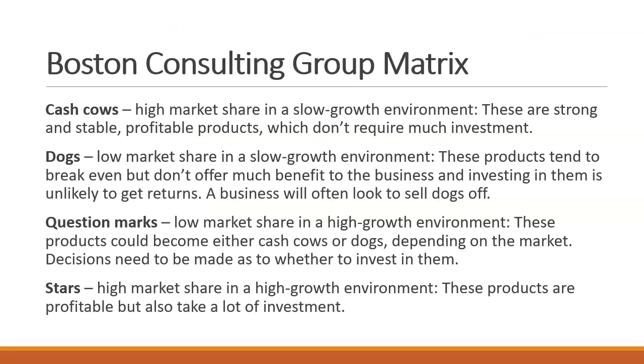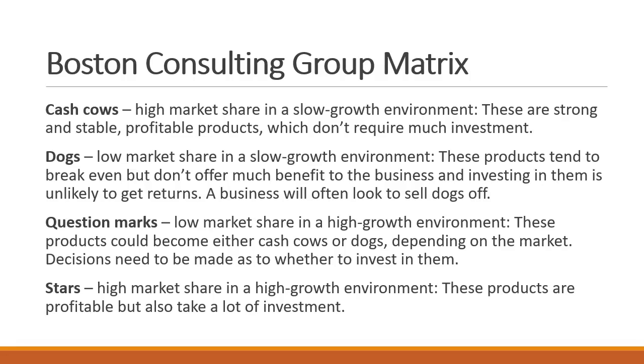So of course, cash cows have high market share, they're high in demand, they're strong, stable products. We don't have to do a lot of marketing to sell them because people are already buying them and they're high in demand. Okay? Dogs and question marks currently have a low market share, but there could be a growth environment for them.